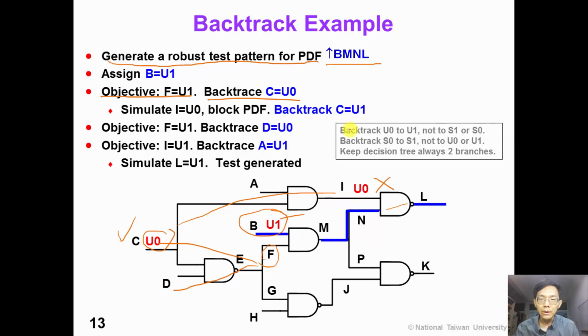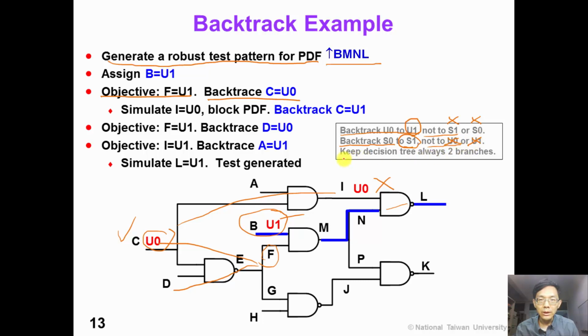In Lin's paper, they propose that we backtrack to the same type of value. That means we backtrack a U0 to U1. We don't backtrack it to S1 or S0. Similarly, we backtrack S0 to S1. We don't backtrack it to U0 or U1.